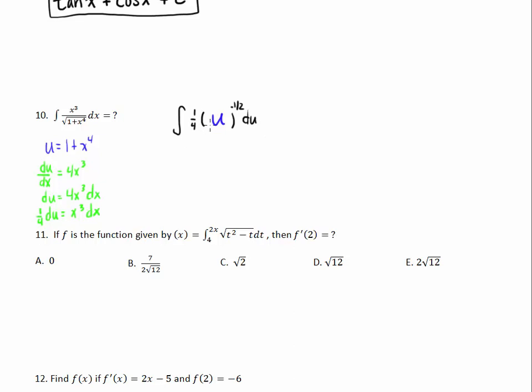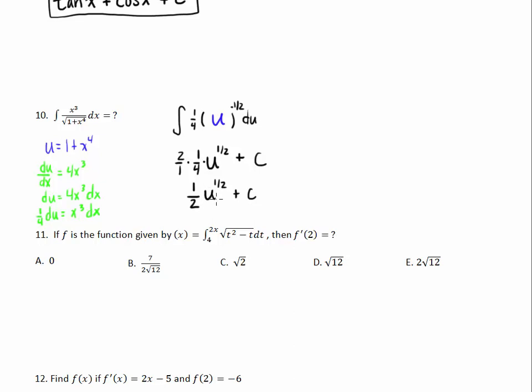So here we go. So we've got the antiderivative of u to the negative 1/2 power is going to be u to the positive 1/2 power. I already have the 1/4 out in front. Now I just need to multiply it by the reciprocal of 1/2, which is 2/1. And don't forget our plus c. So we've got 2/4, which is going to be 1/2, our u value to the 1/2 power plus c.